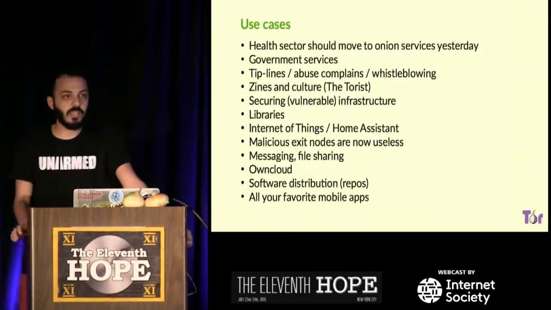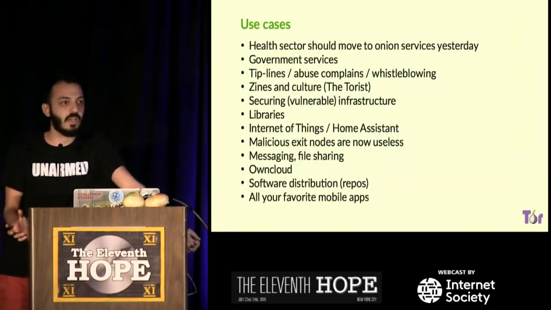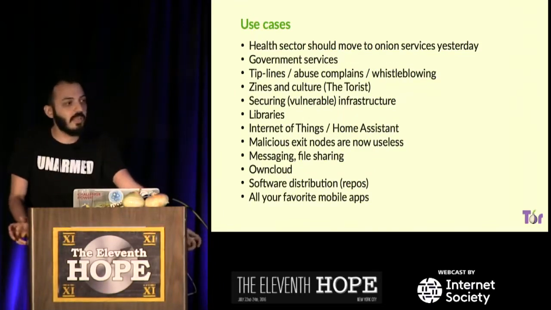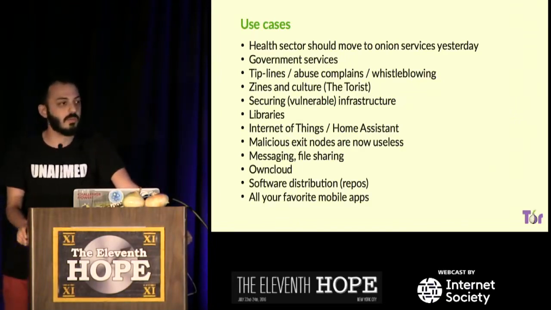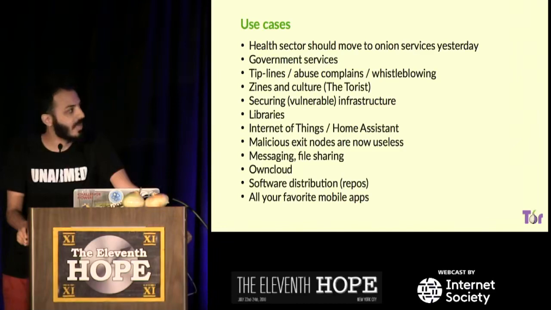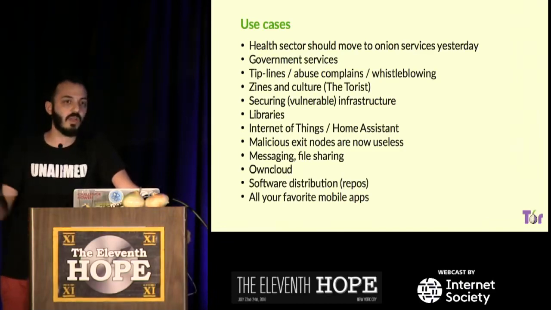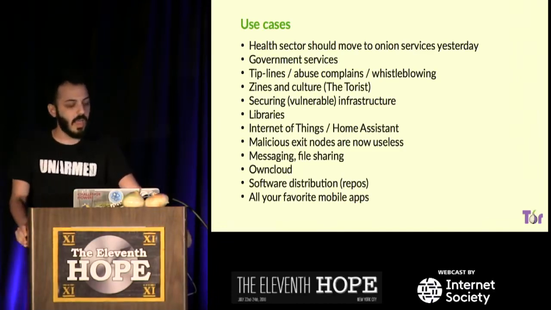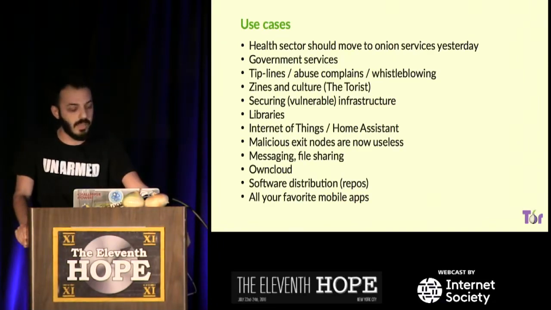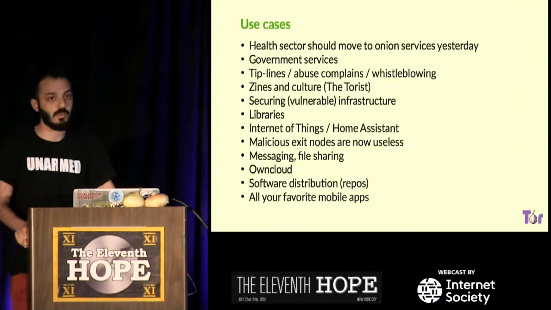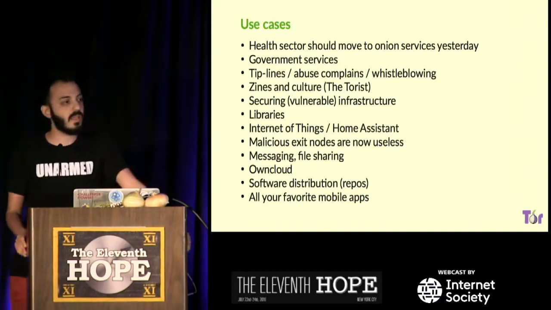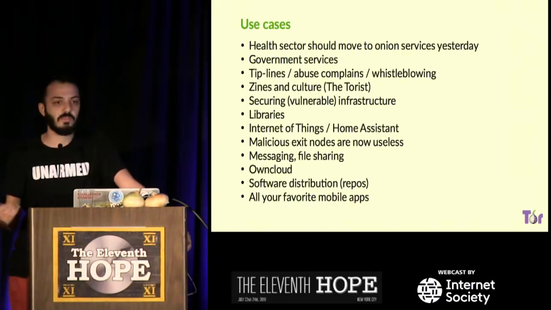So what are the use cases of Onion addresses? Everybody thinks of Onion addresses just for a crazy website to deal drugs and whatever, but that's not the only thing. Because of all the good properties, the health sector could take advantage of these things. Government services could too. A lot of the things that governments do, they don't necessarily need to collect all that information about people.